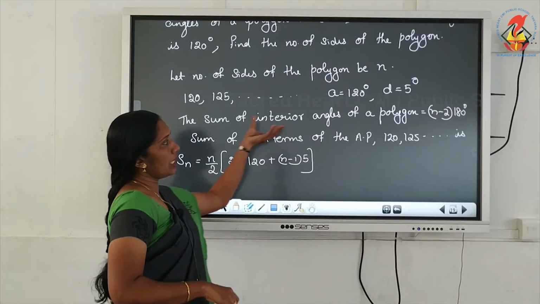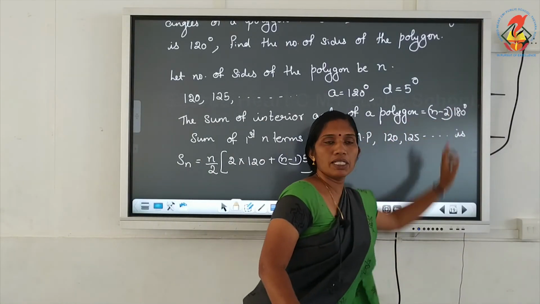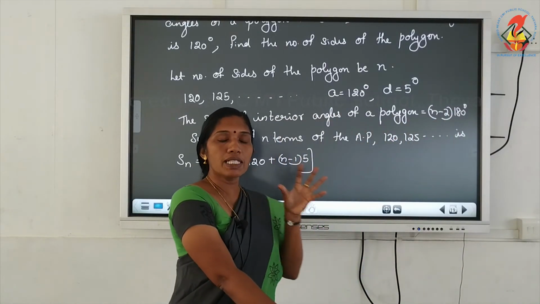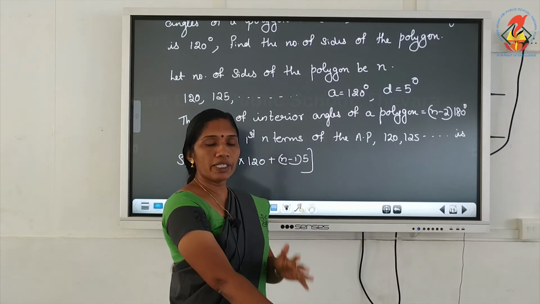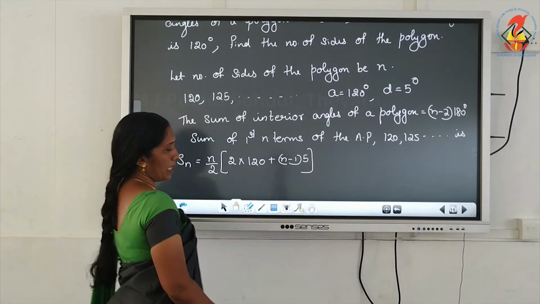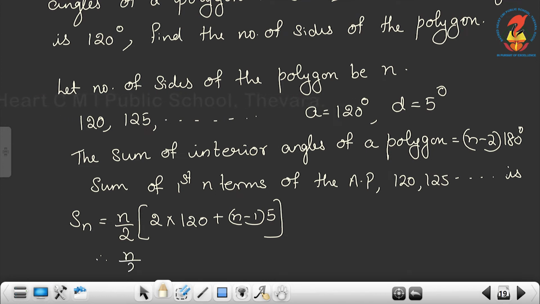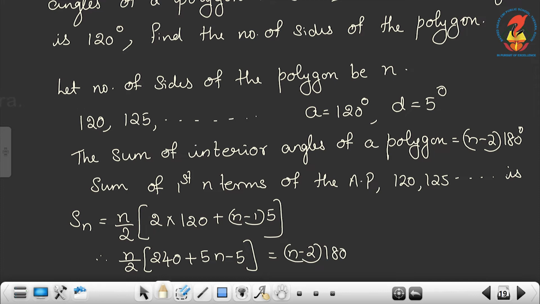Now both are equal: this expression and n minus 2 into 180 both give the sum of interior angles. So we can equate. Therefore n by 2 into 240 plus 5n minus 5 is equal to n minus 2 into 180.